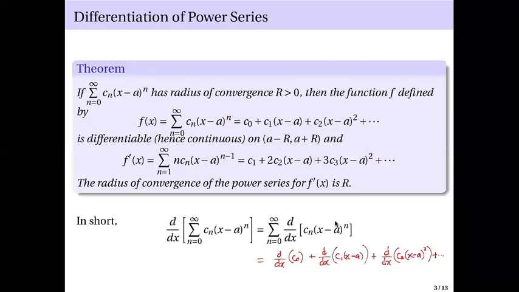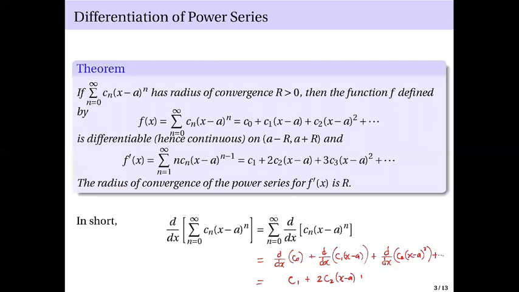Notice the derivative of the constant is just 0. For this, you'll just get c sub 1. So you get here c sub 1 plus, in here, 2 c sub 2 times (x minus a).